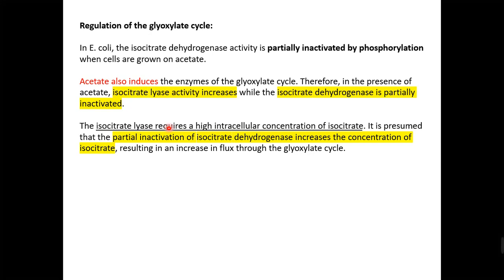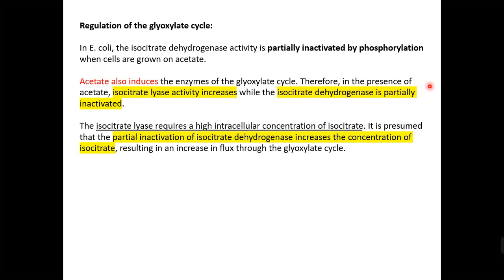That means isocitrate dehydrogenase is an enzyme present only in the TCA cycle. This enzyme is partially inactivated by phosphorylation. And why phosphorylation? If the acetate molecules are more, these acetate molecules will facilitate phosphorylation of this enzyme.